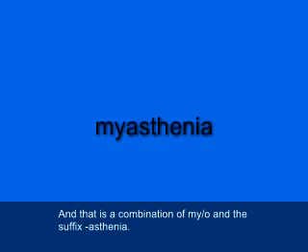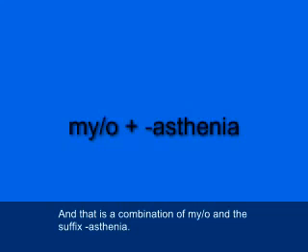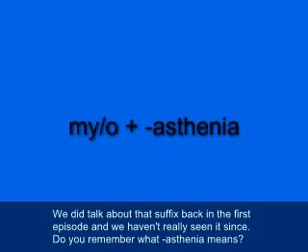Okay, and the next one is myasthenia. And that is a combination of my/o and the suffix -asthenia. And we did talk about that suffix back in the first episode, and we haven't really seen it since. Do you remember what asthenia means?